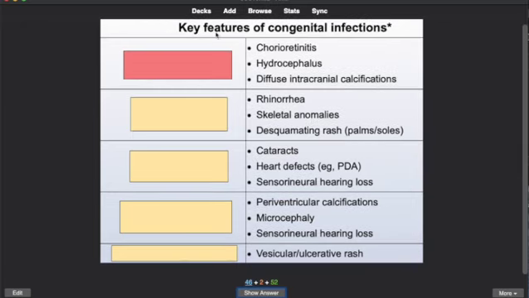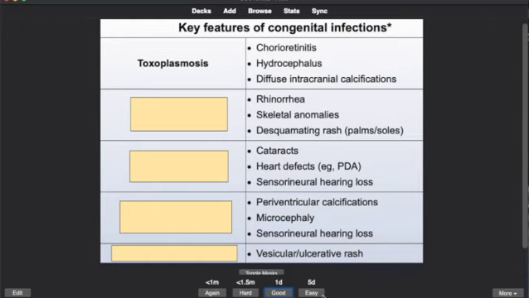All right. New features of congenital infection. Well, chorioretinitis, hydrocephalus, diffuse intracranial calcifiers. Toxoplasmosis, yes, there we go. Chorioretinitis, interesting.